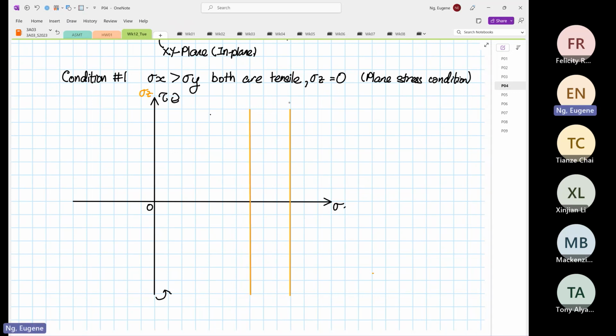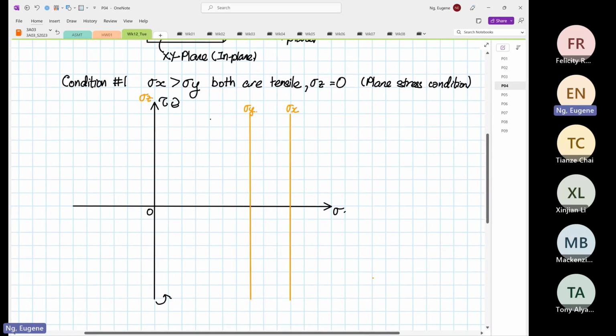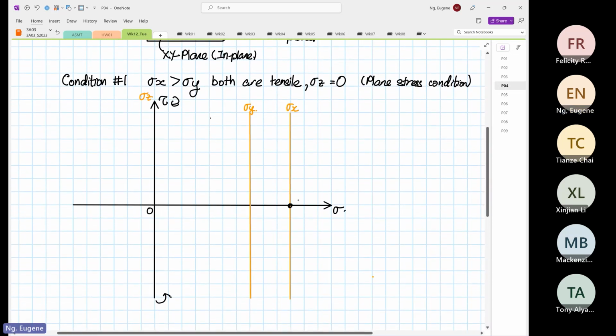So we will label like what we had before. This is your point X on Mohr circle, point Y on Mohr circle, and point Z on Mohr circle. So this is your point X, and this is your point Y.